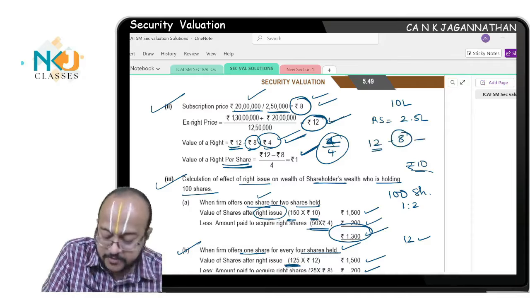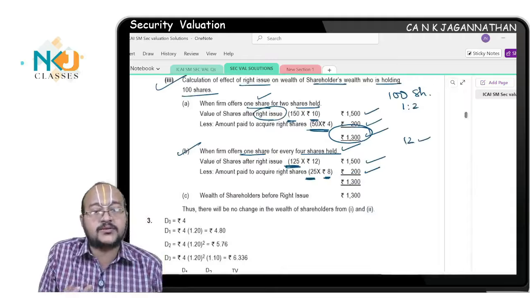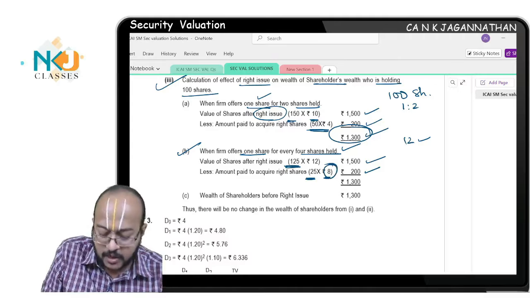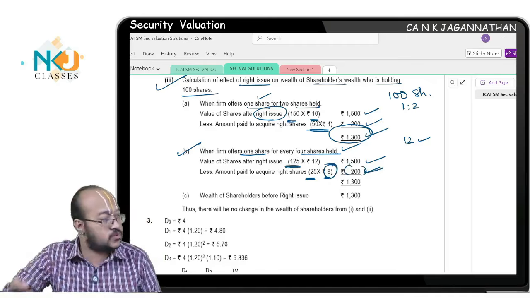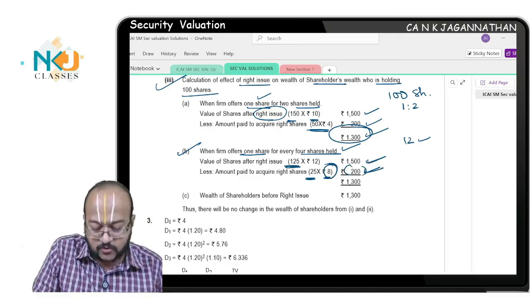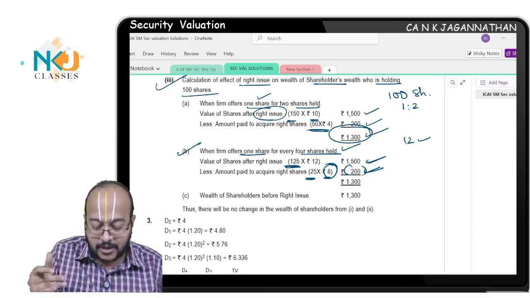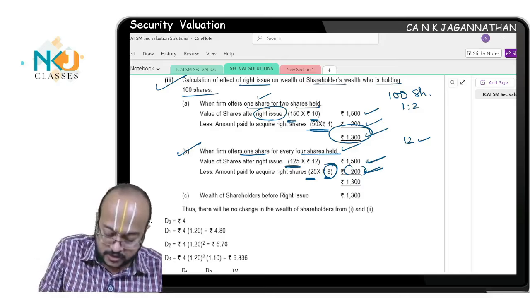Tell me. Subscription price. Same way, for subscribing the right, the additional 25 shares are not free, you have to pay something. How much do you have to pay? 8 rupees. So 25 into 8, 200 is the total cost to be paid to acquire the new shares. The total value is 1500 for 125 shares, but additional shares were acquired by paying 8 rupees, so you reduce 200 and you will get 1300.